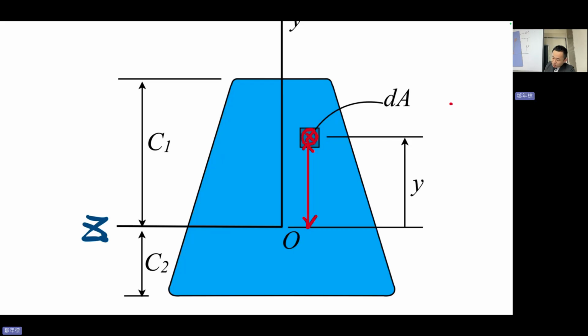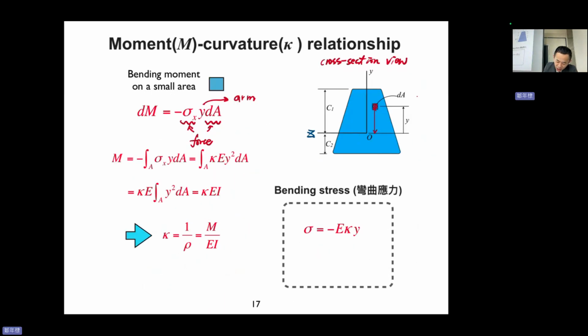So this moment acting on this small area here is dm, small m, right? And then you need to integrate all the small dA in this cross section. And then totally it will equal to the m you applied on that cross section.